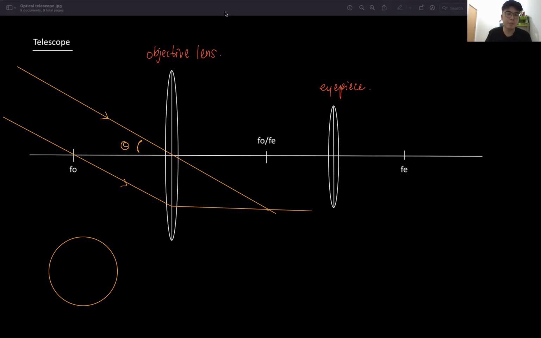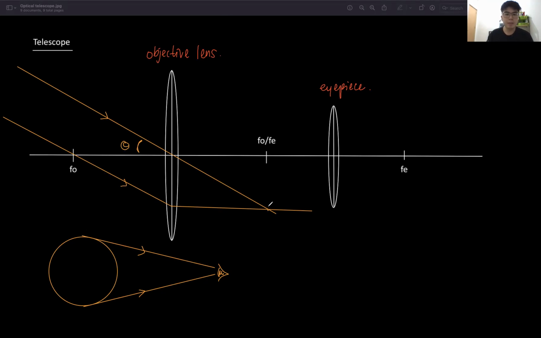And also because the size of the object is very large, the light comes at an angle like this. This is the eye, and this is the light ray, like this. So that is why we draw sloping like this, because of the size of the object.